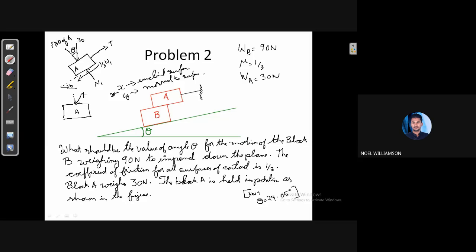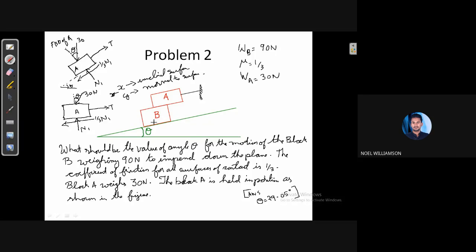Considering it that way, we have 30 Newton, and this is N1, and the friction you can see here is 1/3 N1, and this is the tension T. Okay, and this is theta. So in this way you can find the free body diagram, or convert the free body diagram to a form you can easily manage.